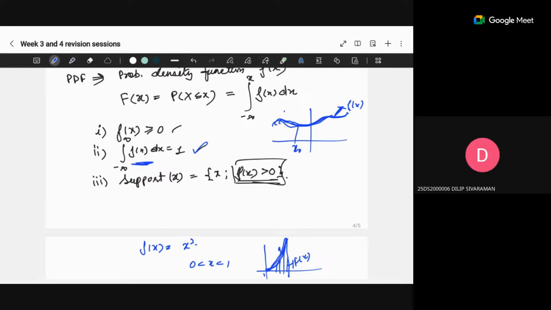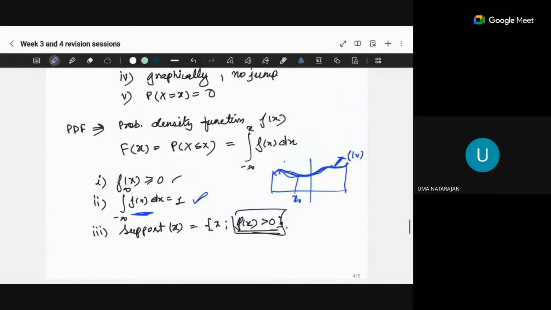And the area under the small f(x) curve is the capital F(x). Small f(x) is also basically the curve.